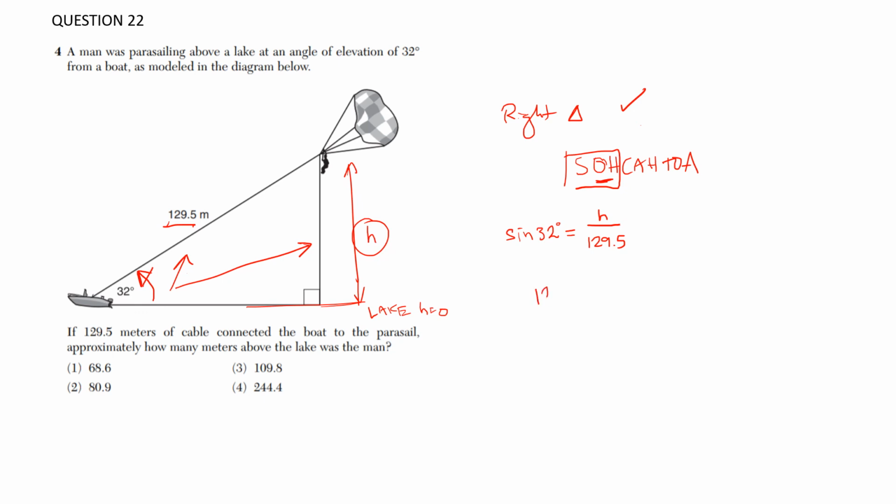So to solve for h, all we have to do is 129.5 times the sine of 32 degrees equals the height. And if we plug this into our calculator, to the nearest tenth, the answer is 68.6 meters, which is choice 1.